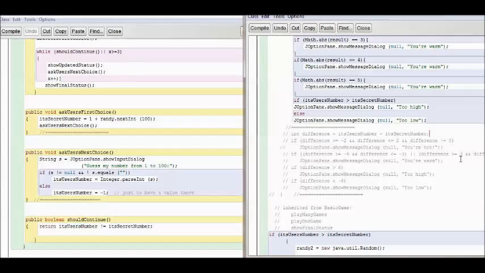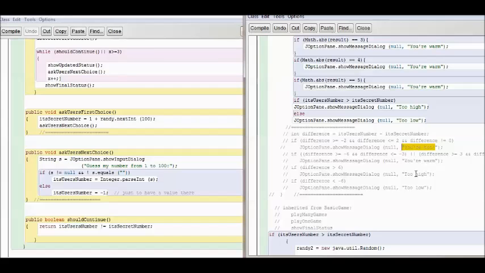What they did was create an integer called difference, equal to the user's number minus the secret number. Then if the difference is greater than minus 2 and the difference is less than 2 and the difference is not equal to 0, in other words, if the difference between the number and the secret number is within 2, the dialog box says you're hot.